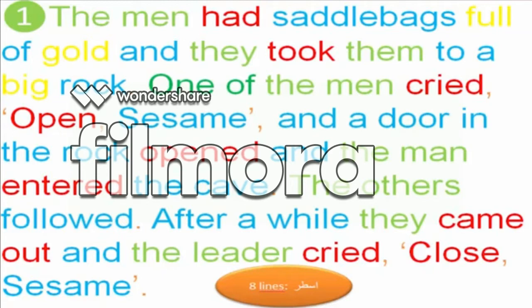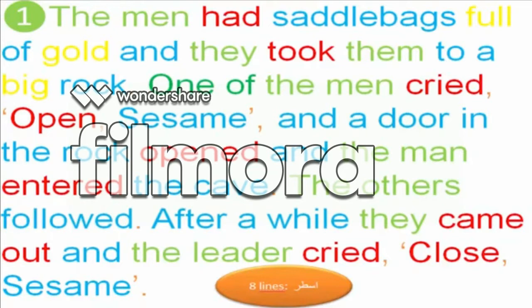After a while وبعد قليل, they, the others and the men, all of them الأربعون, came out خرجوا, and the leader والقائد، بمعنى القائد فيهم, cried صرخ بعد أن خرجوا من الصخرة أو من الكهف. صرخ القائد قائلا: close saying, اغلق يا سمسم. This is how we heard it in cartoon films.